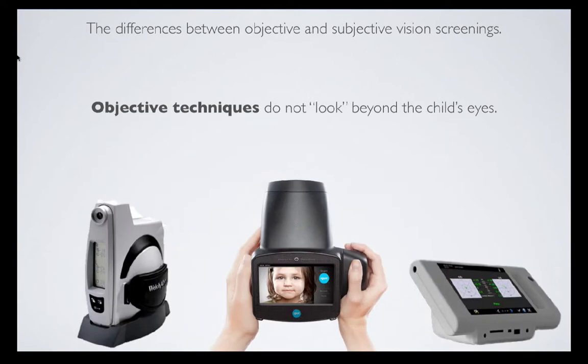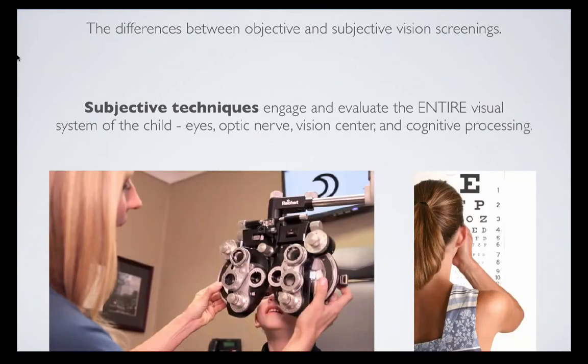But objective techniques do not look beyond the child's eyes, so just keep that in mind, that it's essentially taking a picture. Subjective techniques, when properly performed, evaluate the entire visual system of the child. So not just their eyes, but the optic nerve, the vision center of the brain, and even cognitive processing of the visual information.